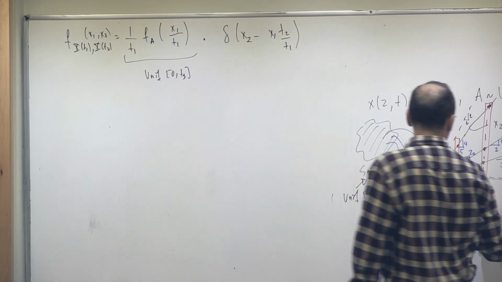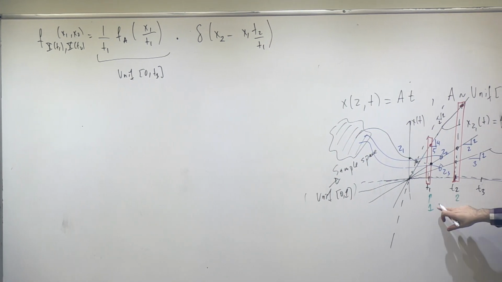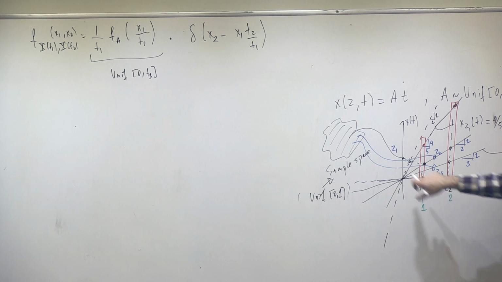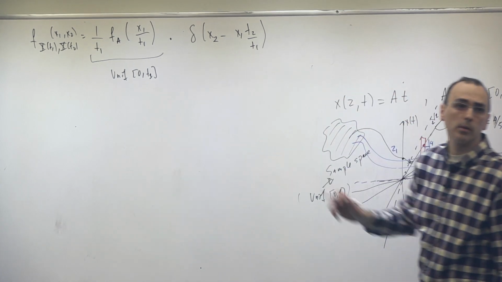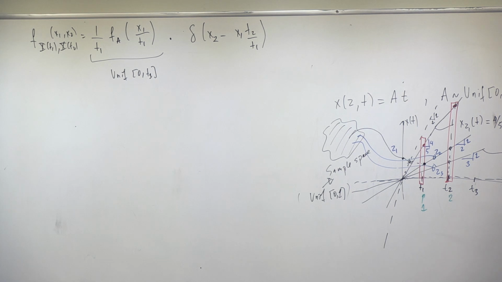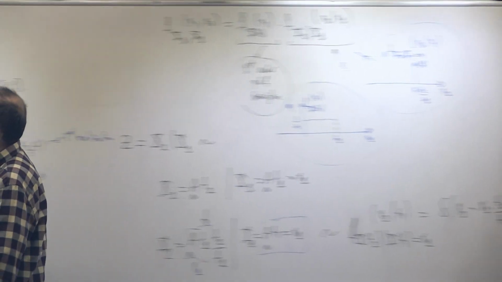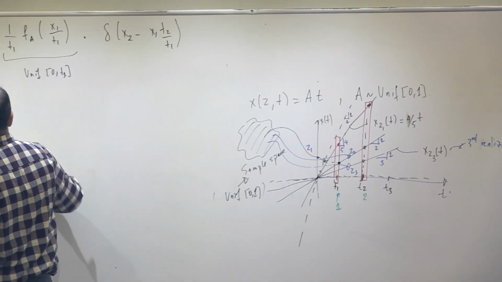For example, if t2 is, as in this drawing, double of t1, x2 is also doubled with respect to x1. That is it. Okay, so how can I sketch this?